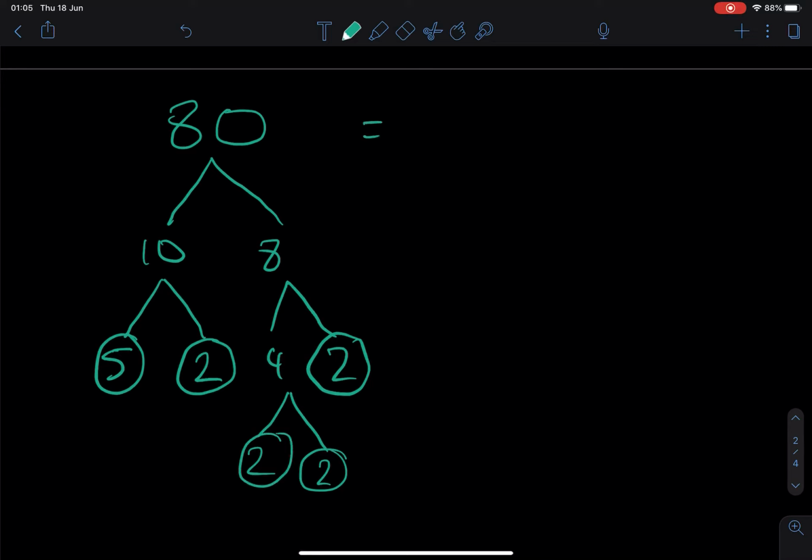So 80 is 5 times, and let me just write it down in index form. So write it down in power form straight away. How many 2's are there? So there's 1, 2, 3, 4 being multiplied. So 2 to the power of 4.